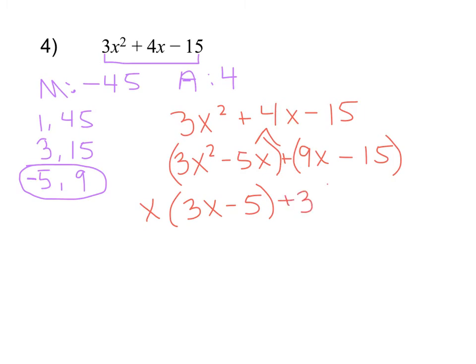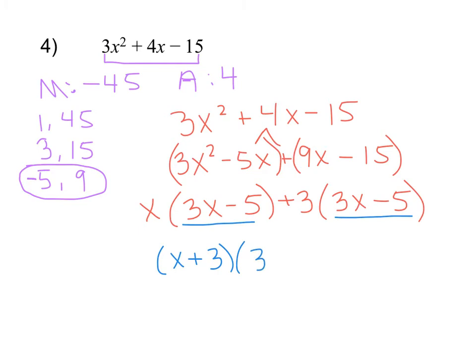So I have a positive 3, and then what's going to be left is a 3x minus 5. And to check my work, these are the same, both of them are 3x minus 5, so that looks good. So now I can write my two terms. I have x plus 3, and I have 3x minus 5.